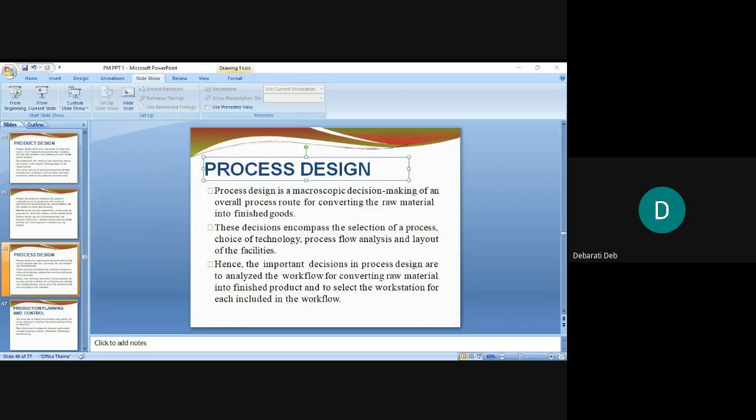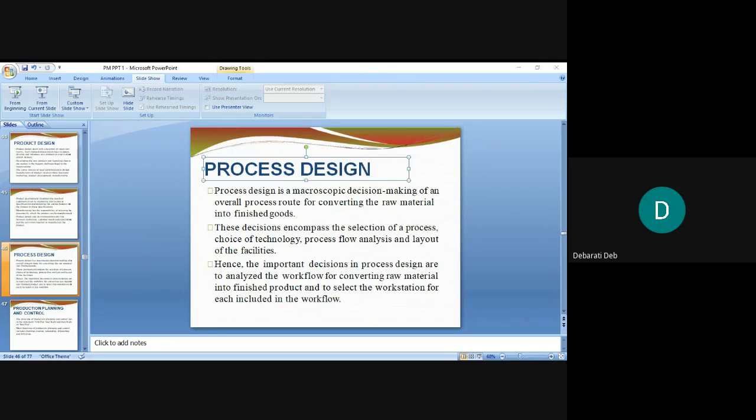Do you understand? Workstation. So when you're designing the process, you also need to select the workstation in that way, so that the workflow is determined and is smoothly followed. So this entire thing comes under process design.